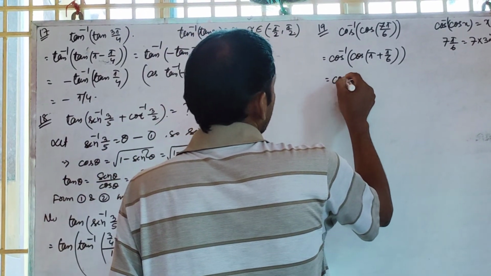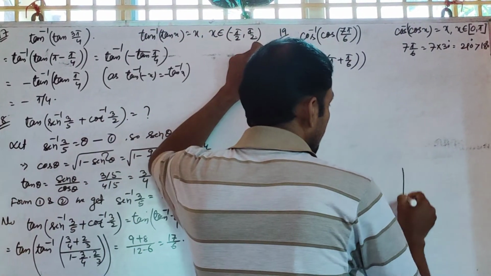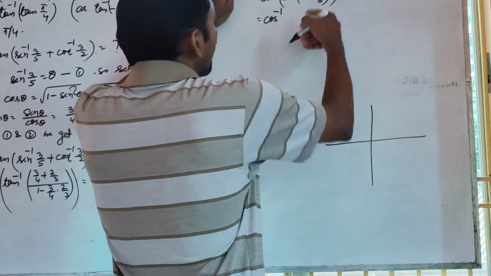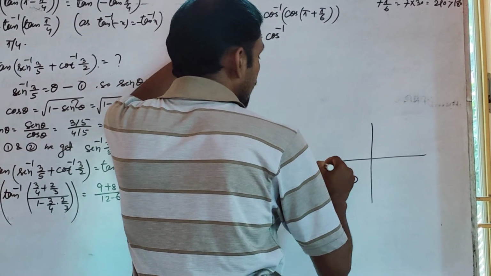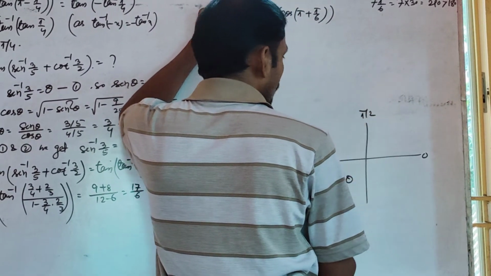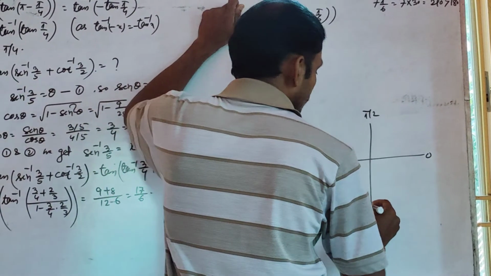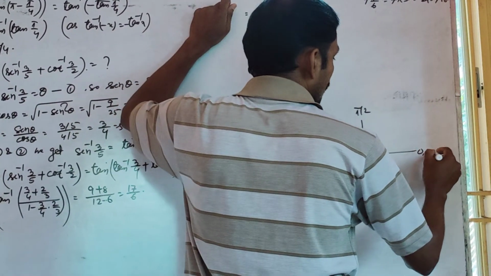Now this is equal to cos inverse. Now again by ASTC rule, you see this is pi plus theta, because this is pi, this is 0, this is pi by 2, pi, this is 3 pi by 2, again it is 2 pi.